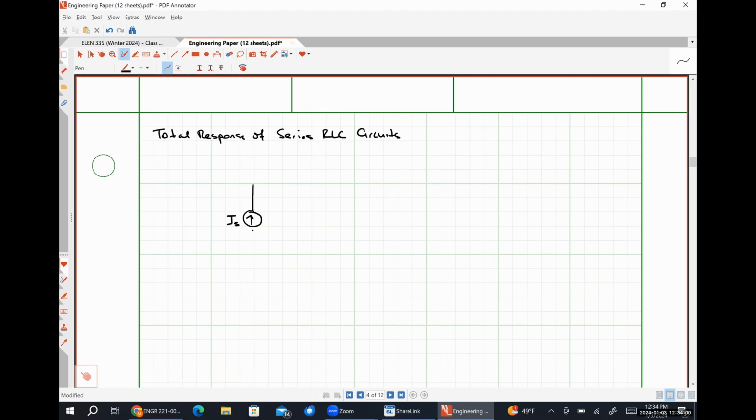I have some current source IS. Let me think about how I want to draw this. Here's R, here's L, here's C. This is some resistor that literally doesn't matter at all.